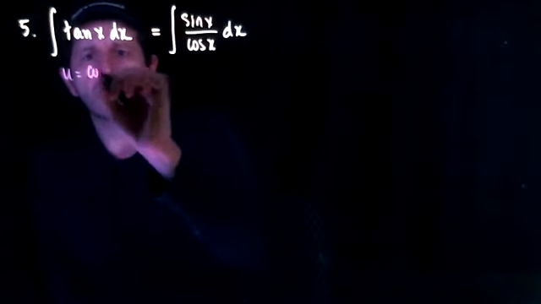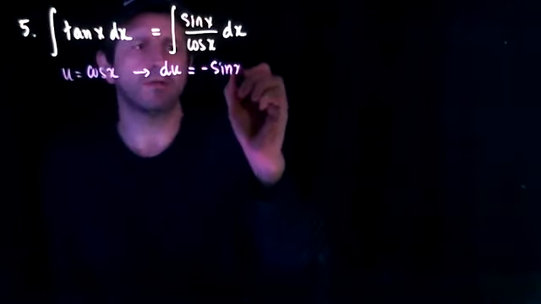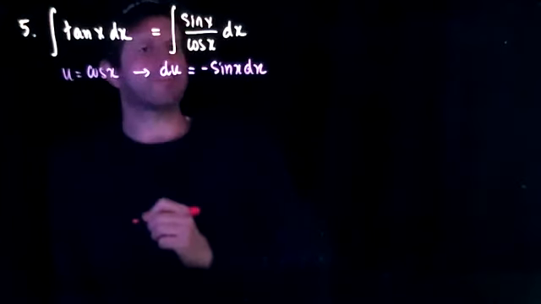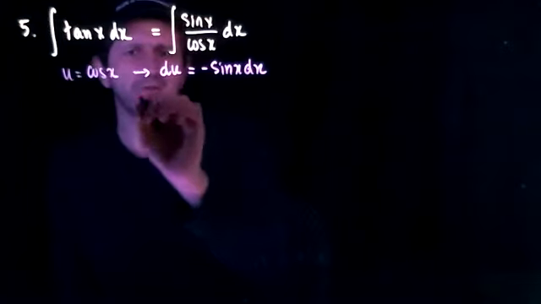And then you could do a substitution. u is equal to cosine of x. So du, the derivative of cosine, is negative sine x dx. And therefore, sine x dx is negative du.